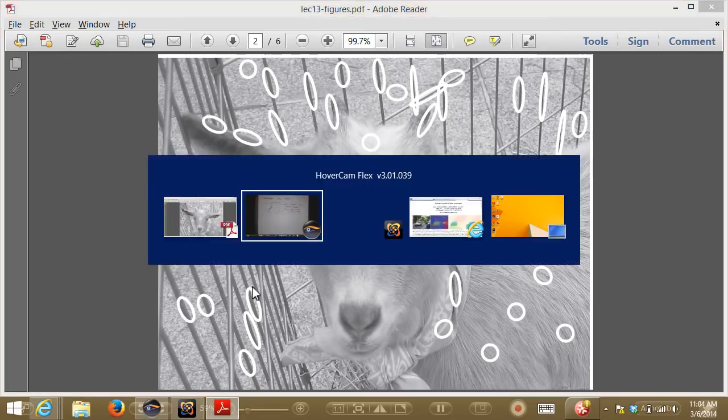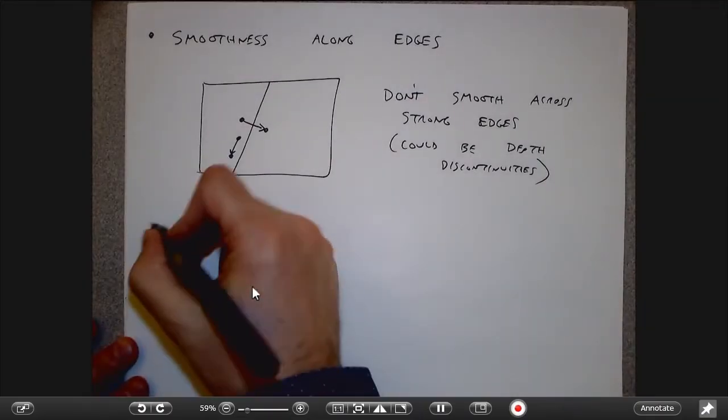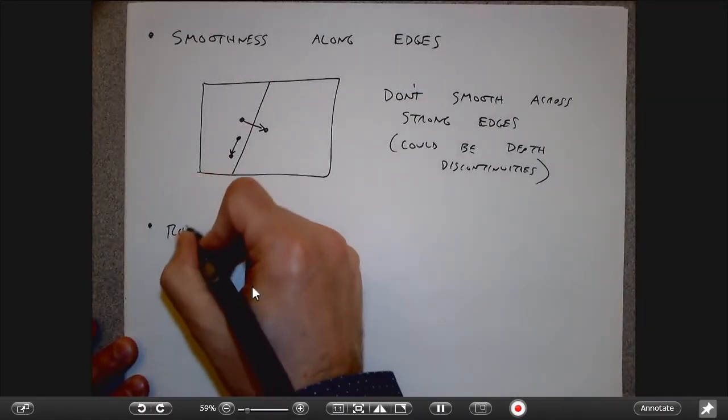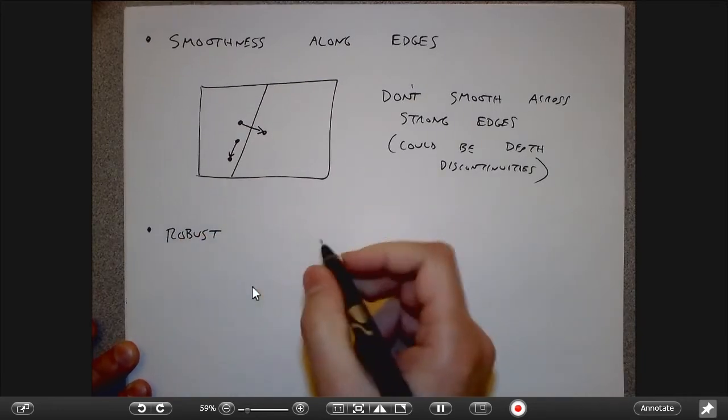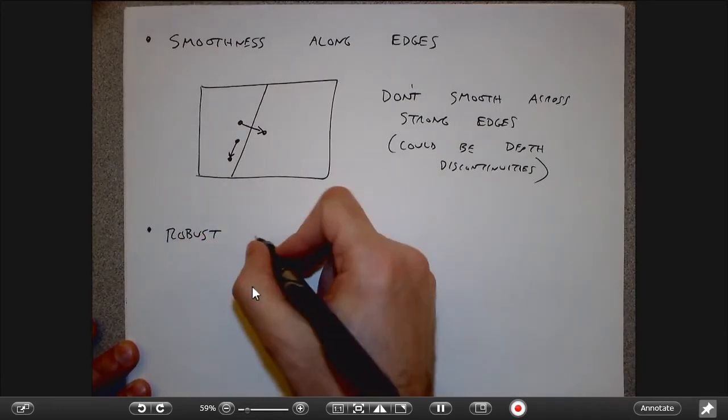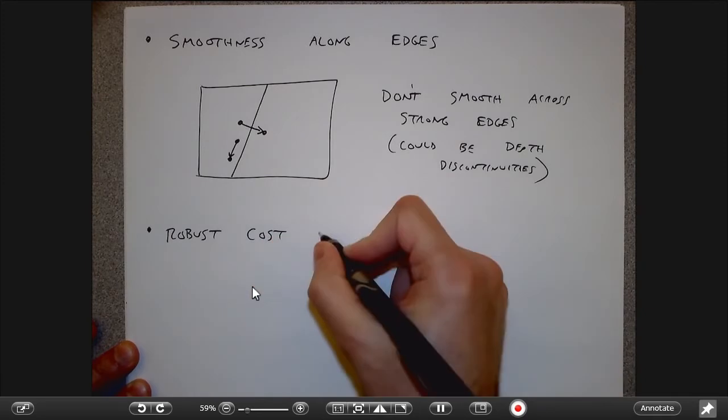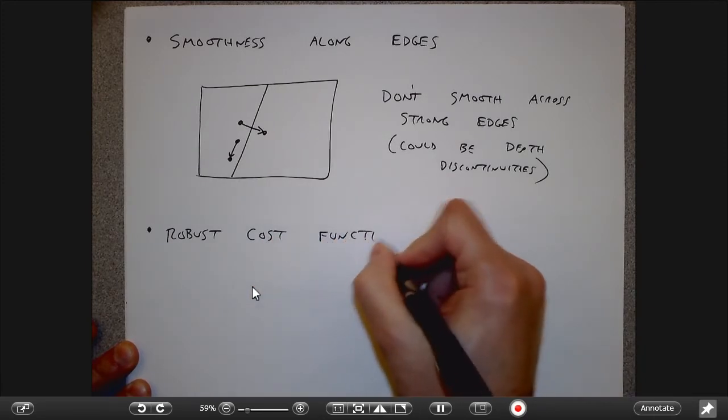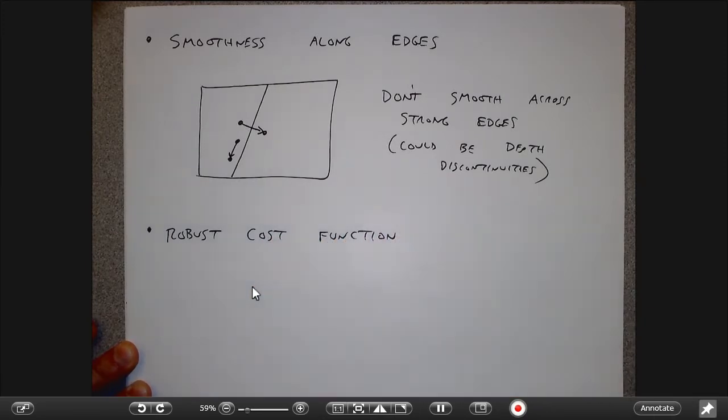Another thing that you see, and this is a general issue in lots of computer vision problems and estimation problems in general, is what I would call the issue of making a robust cost function.